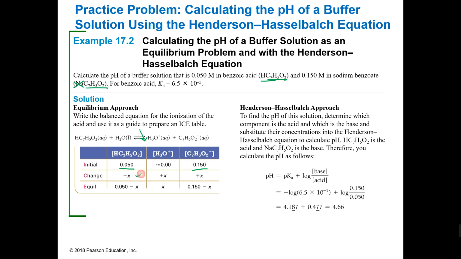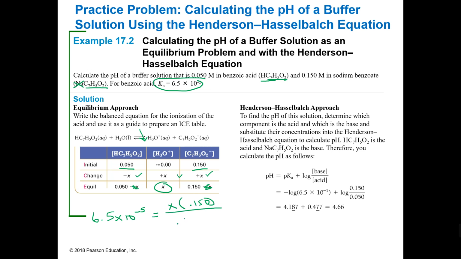We have a change in X, change in X, change in X. Our Ka is really small, so we can make that X a small approximation. So we would simply say 6.5 times 10 to the minus 5 is going to be equal to X times 0.150, because we're making that X a small approximation, so we can pretend those are gone.